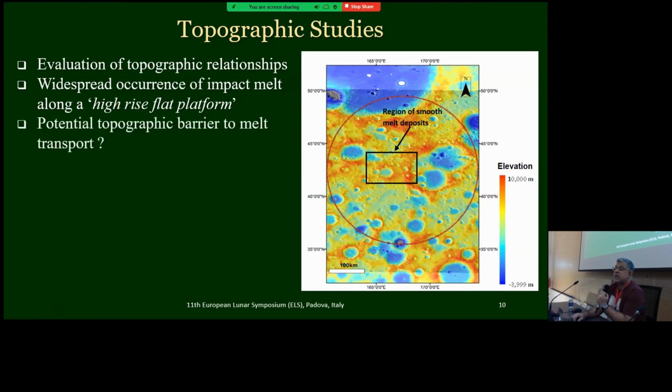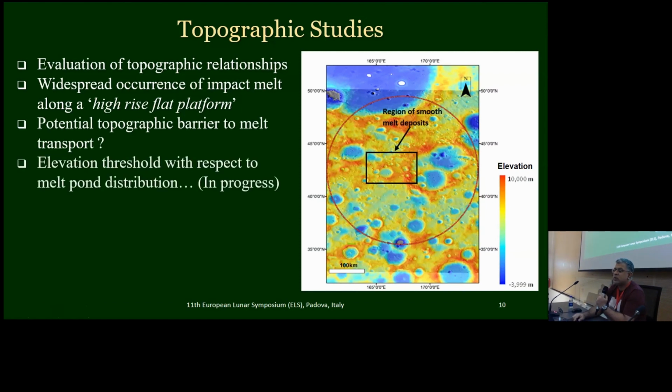So the question is: was there a potential topographic barrier when the melt was being transported and deposited? Did a topographic barrier stop the transportation of impact melt? This is something we are further investigating, to find out if there is an elevation threshold with respect to the melt pond distribution.